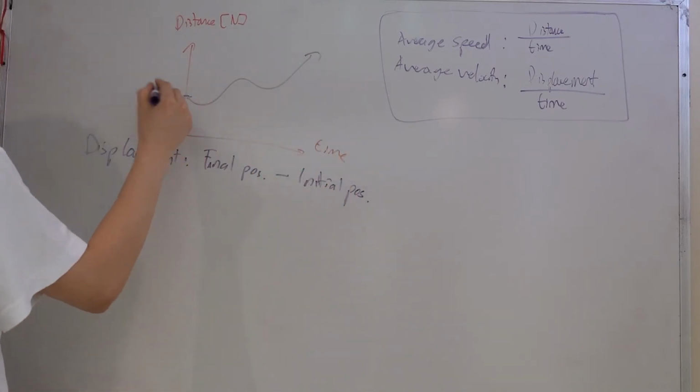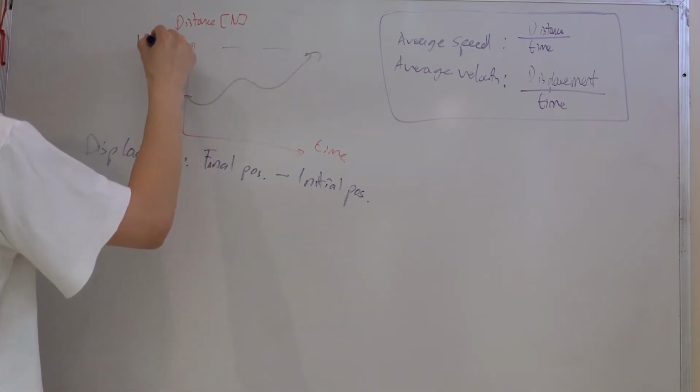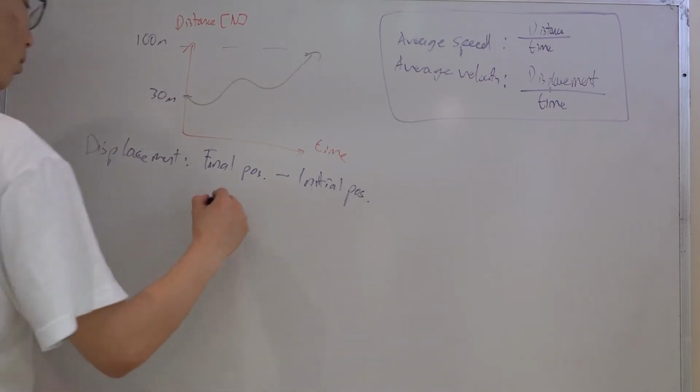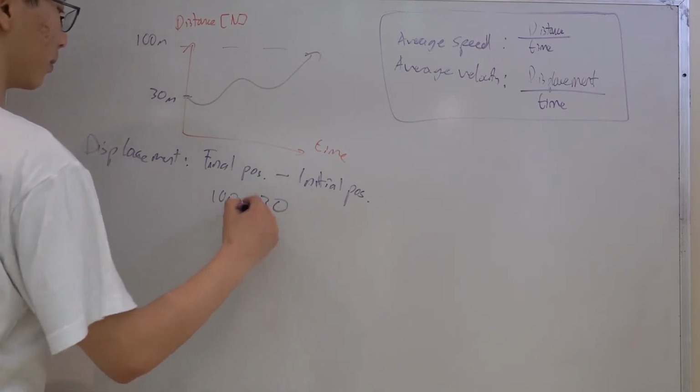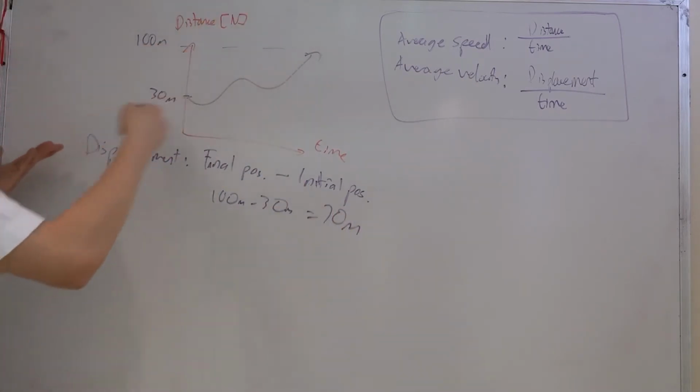Here, if you're at 30 meters, and at the end you ended up at 100 meters, your displacement was 100 minus 30. That's simple. So you displaced, over that period of time, 70 meters. So that's average velocity.